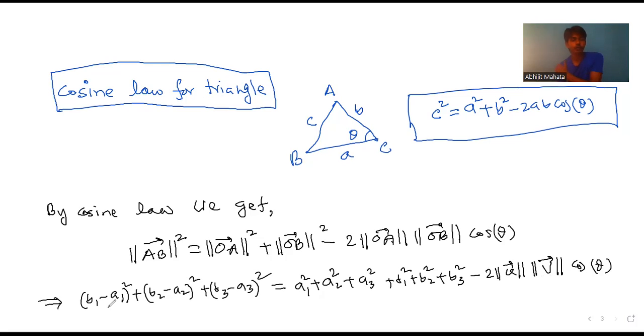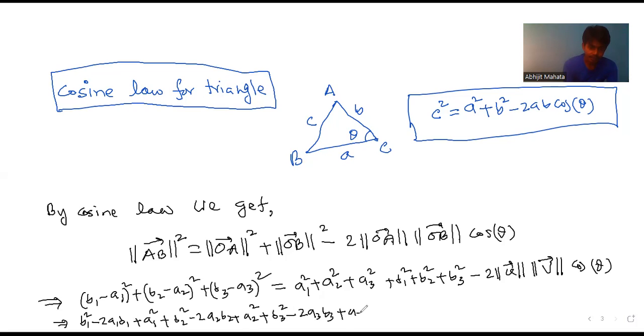Now, we have a formula for A minus B whole square. We can expand the right and left hand sides. We are going to expand it. So what we get here is B1 square minus 2A1 B1 plus A1 square plus B2 square minus 2A2 B2 plus A2 square plus B3 square minus 2A3 B3 plus A3 square, right?